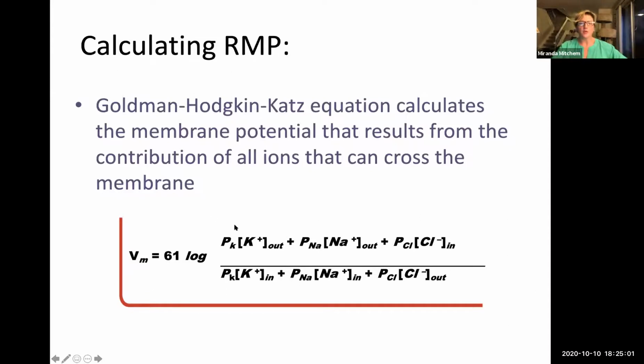That we have an equilibrium potential associated with potassium out of the cell as well as in the cell. We have an equilibrium potential associated with the concentration of sodium outside the cell versus in. Same is true with chloride. All of that together gives you the resting membrane potential.